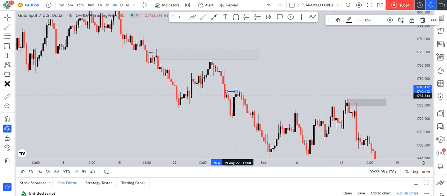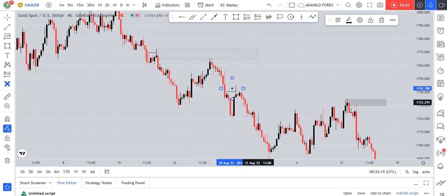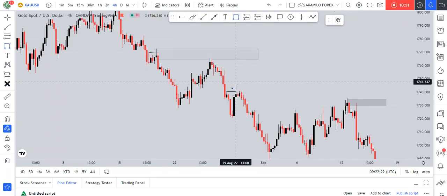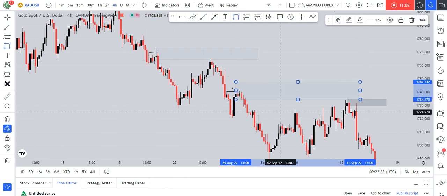Since it swept the liquidity above this candle high and also closed beneath it, this is our high probability order block. We can mark that, and if we want to take a position, we mark our zone from that, and this will give you a nice entrance.